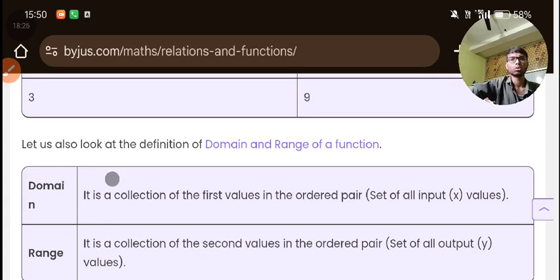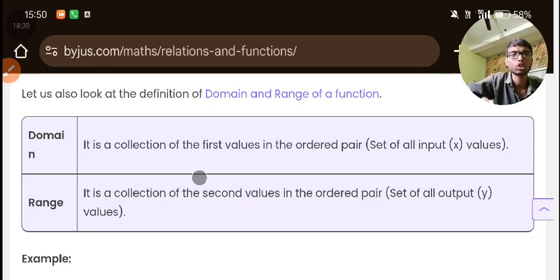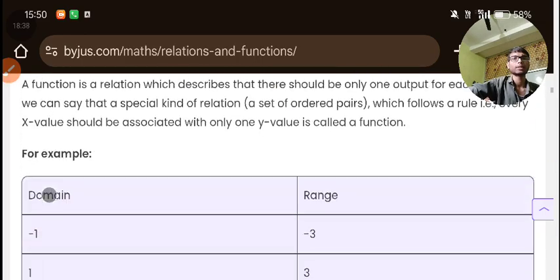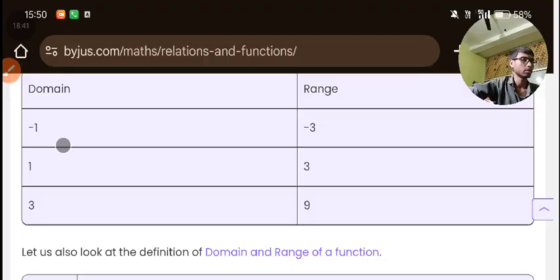Let us look at the definition of domain, range, and function. Domain is the collection of the first values in the ordered pairs, the set of all input x values. We have these ordered pairs (-1, -3), (1, 3), and (3, 9).